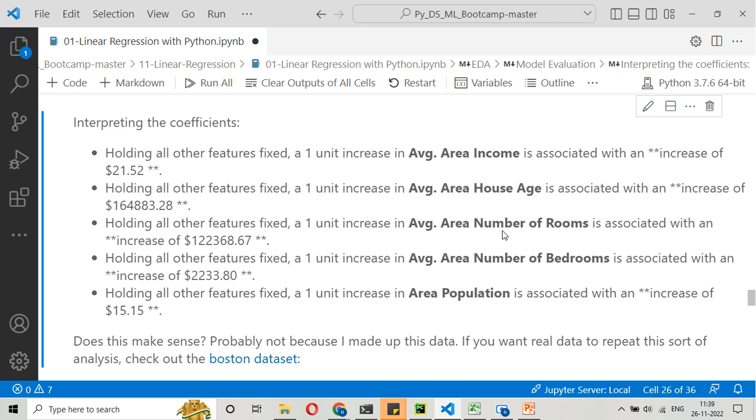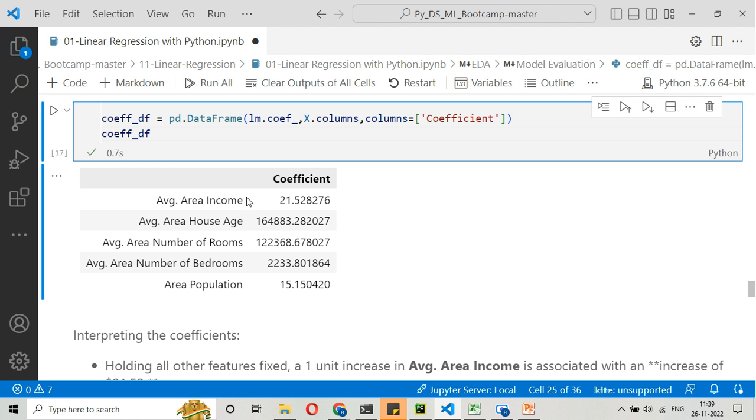I can show you the values. It is saying that for an increase of one in average area income, $21 is the increase in your house price. If average house age changes by 1 year, suppose ages are in years, then I think about 1,64,000 will be the change.